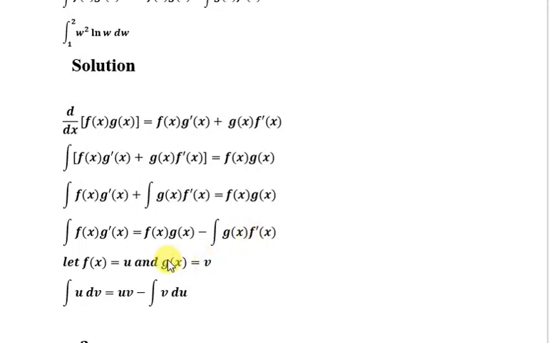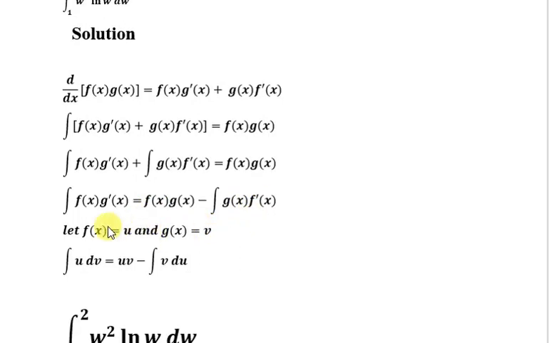Now, to make it simpler, we can decide to let f of x be u and g of x be v. That being the case, we can rewrite this as the integral of u, because f of x is u, and then g prime of x dx.